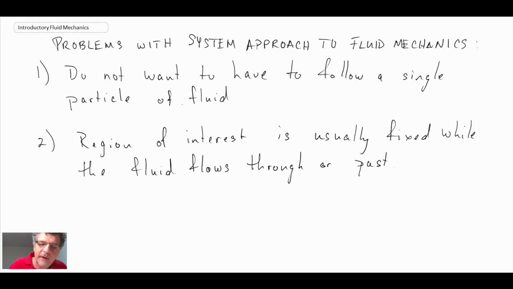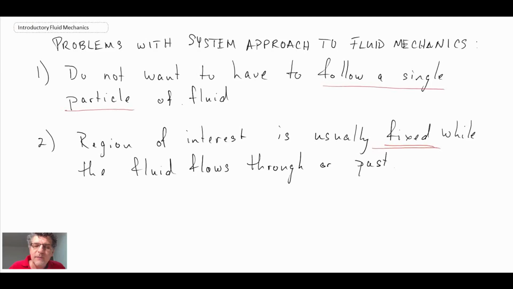The problem is that in fluid mechanics, we don't want to have to follow a single particle, because that would become very, very complex and would not be easy to do with the analysis that we're going to be doing. The other issue is that for most of the problems that we look at, our region of interest is fixed, it's stationary, and the fluid is flowing into or around the objects or systems that we're considering.